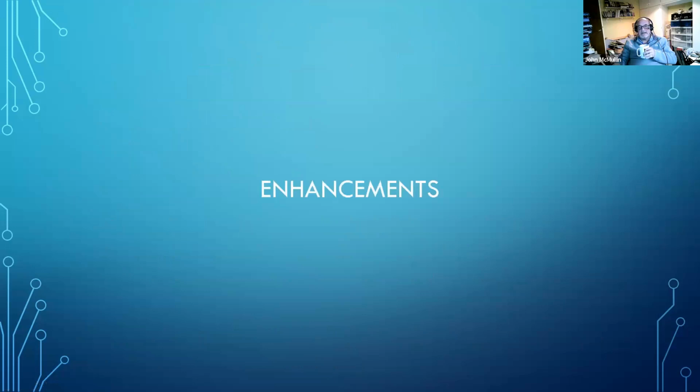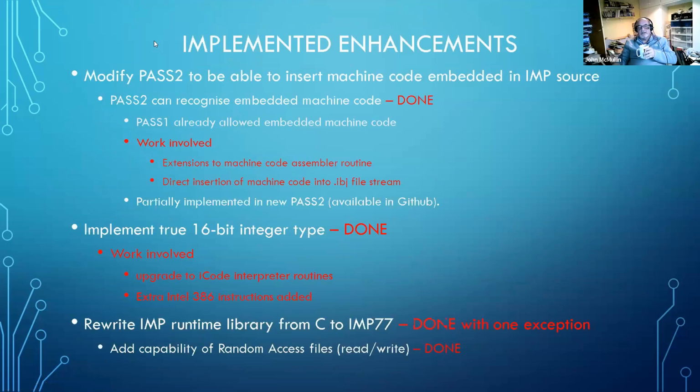So what enhancements? Before I started, Pass2 could know that there was an attempt at having an embedded piece of machine code, but did nothing with it.